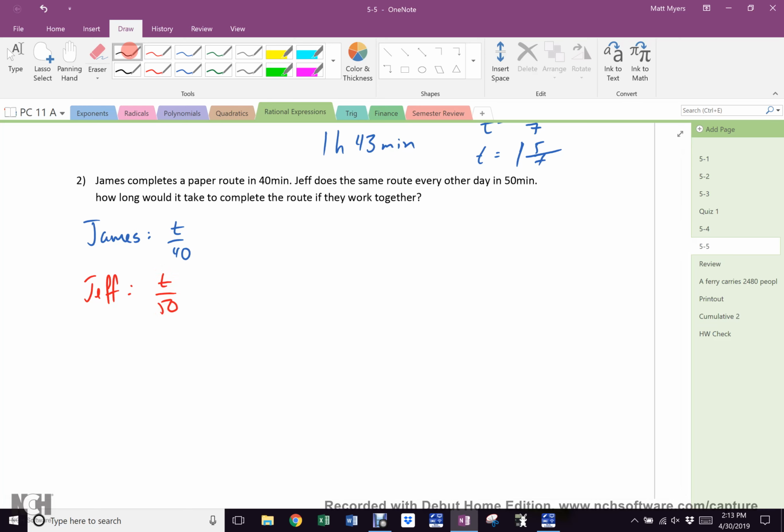Now, logically, James plus Jeff will complete 1 paper route, correct? Okay, what is James's time? What is Jeff's time? Equals how many paper routes? What must I do to solve that?